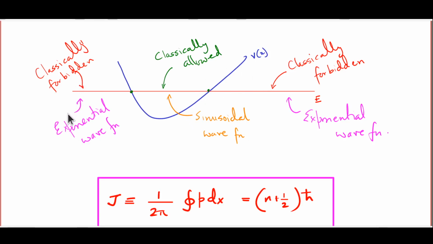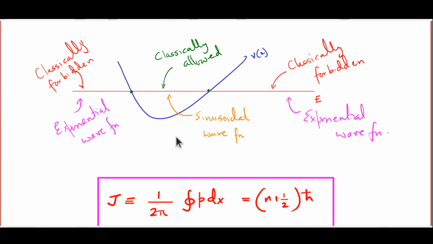And in the classically forbidden region, the wave function is basically of the exponential kind, both on this side and on this side, and you will have a sinusoidal wave function in between. And if the forbidden region extends to infinity, then you can only have decreasing exponential kind of solutions here and here.